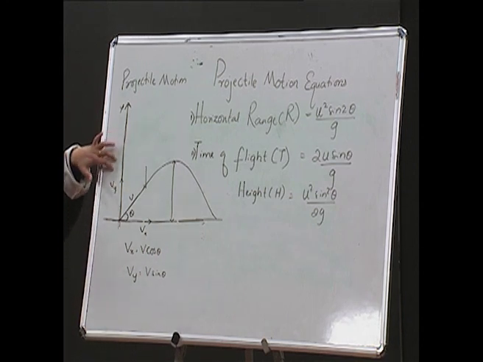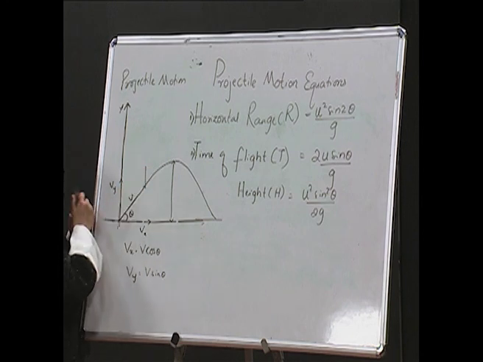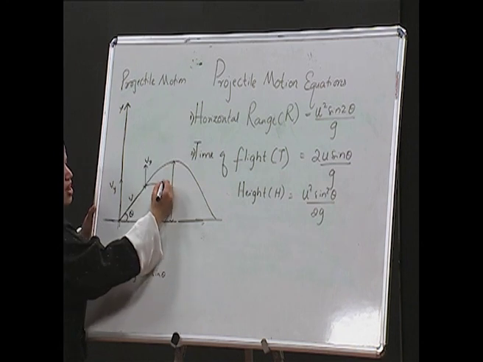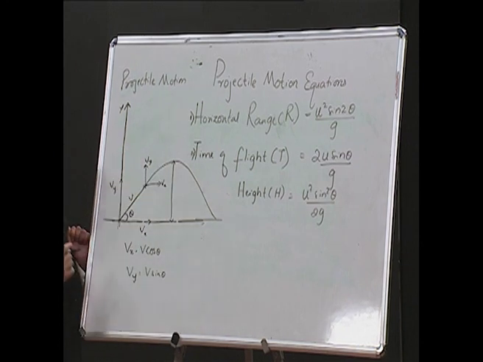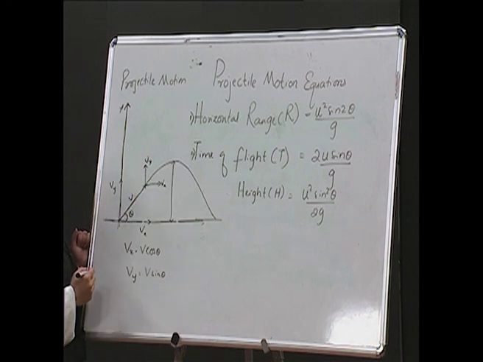What about the vertical direction? This velocity is exactly in the direction opposite to the acceleration due to gravity. Because of this force, we can draw the diagram showing the velocity of the projectile at different positions.